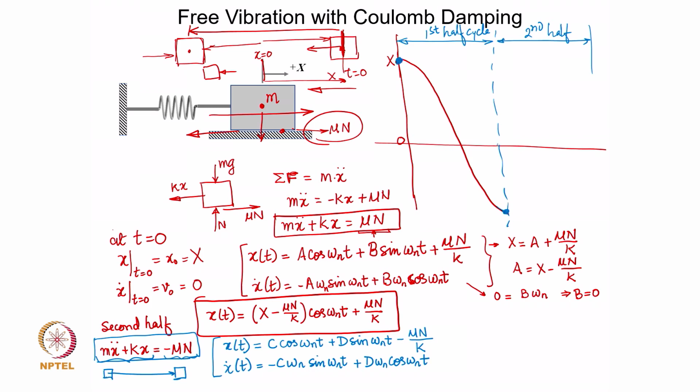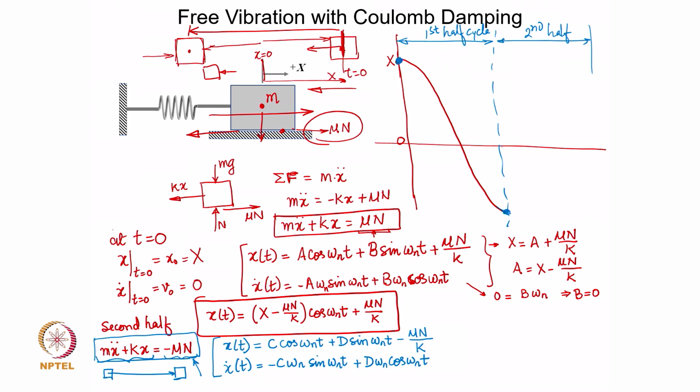What we are going to do now is assume a fresh time. We are going to treat this second half of the cycle as a fresh cycle, which is going to be generated through this governing equation of motion. So, we are going to start looking at the response by assuming initial conditions as they exist at the end of the first half cycle. That becomes the initial condition for the second half cycle.